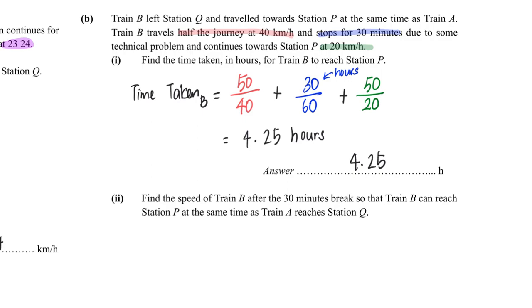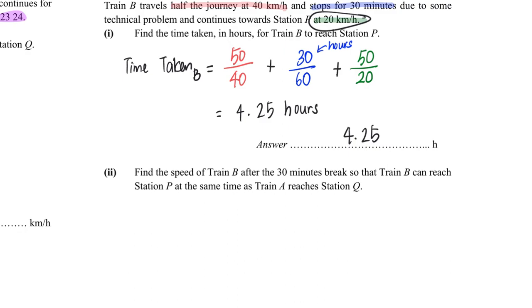For part 2, find the speed after the 30 minutes break so that train B can reach station P at the same time. What does this mean? This means that at 20 km per hour, train B will not be able to reach station P at the same time as train A. So step 1 would be, I do need to know the time for this.